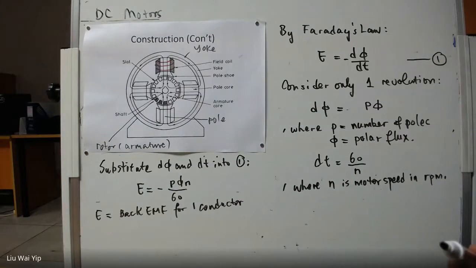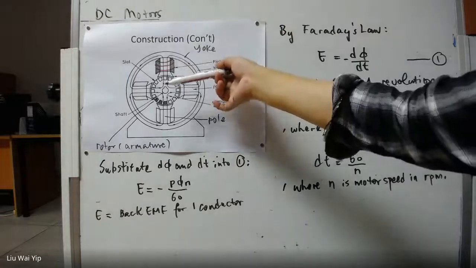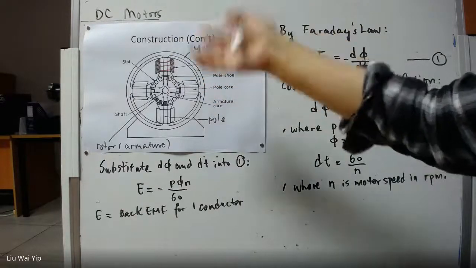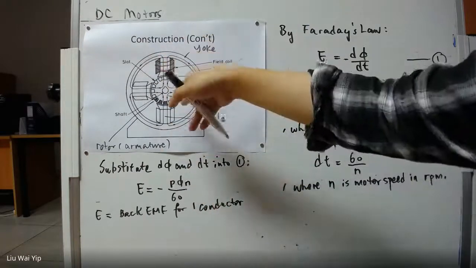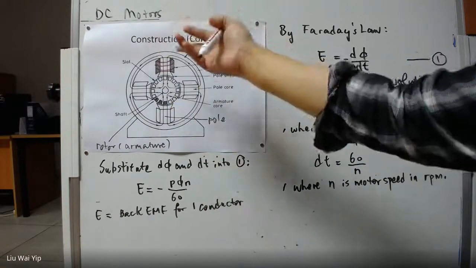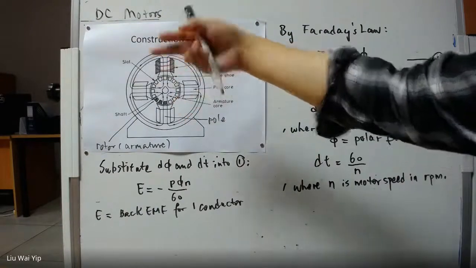And now the total EMF is going to be multiplied by the total number of conductors wound together.